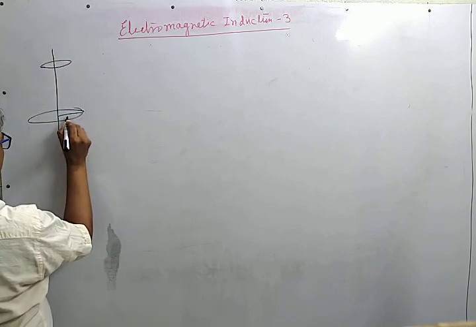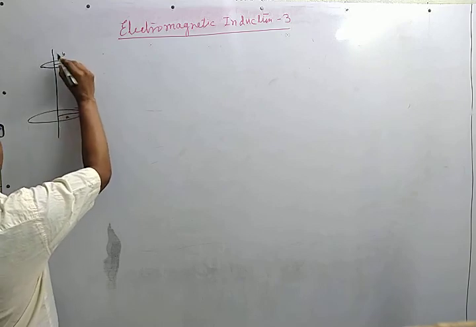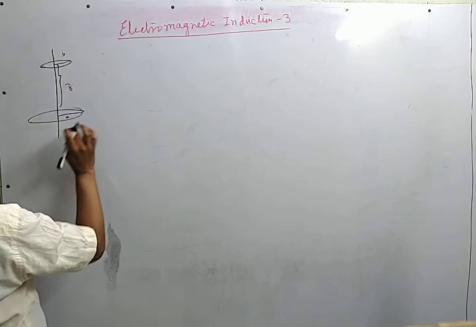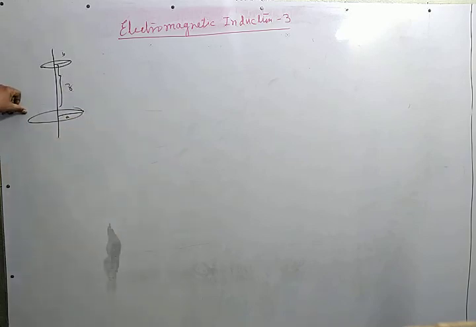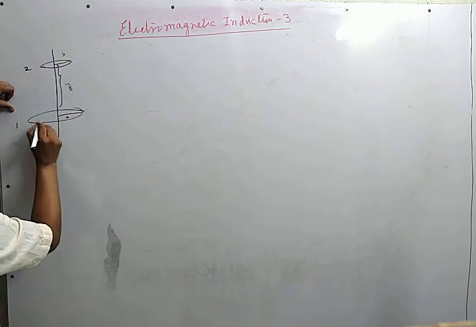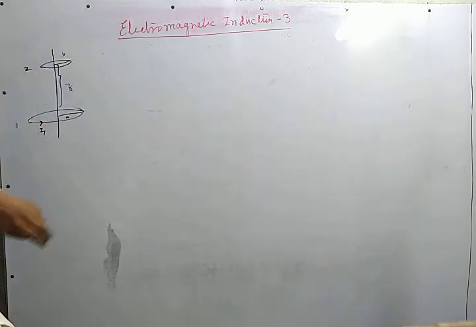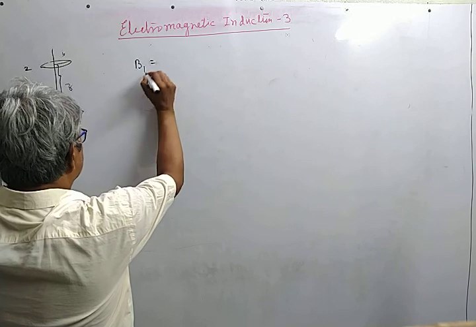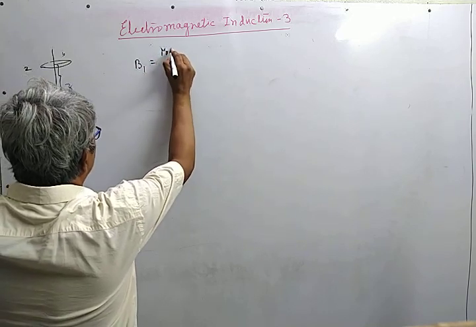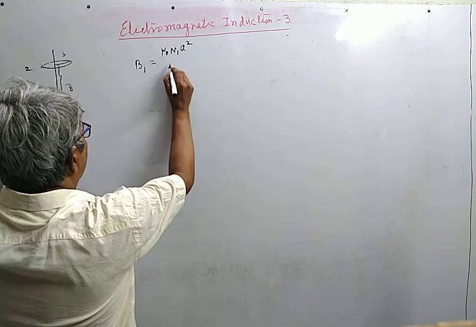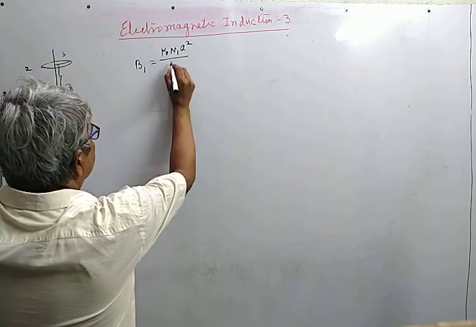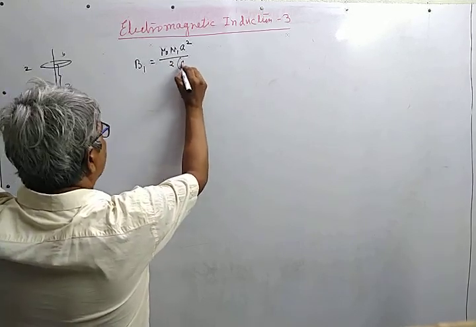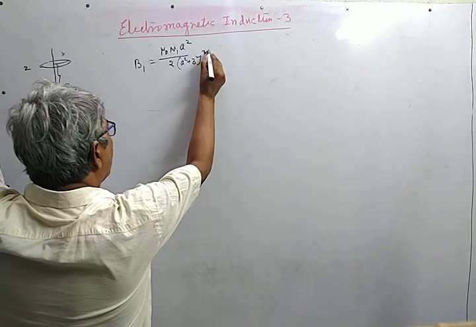This is A, this is B, their separation is Z. If we consider this is 1 and this is 2, current I1 is flowing through it, so the field produced by this over here, this is the B produced by it, is mu 0 N1 A square by 2 (A square plus Z square) to the power 3 by 2.